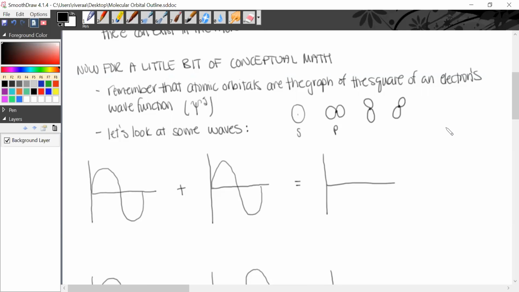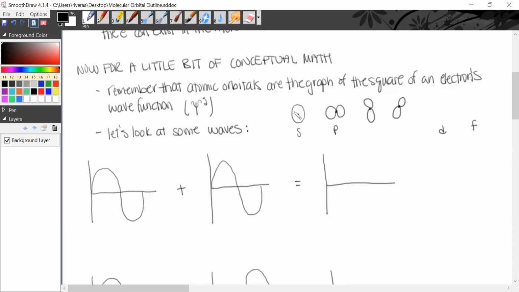All of these different orbitals, and the d's and the f's, these shapes emerged through the graphing of the electron's wave function squared. Okay, so that's where these things came from.